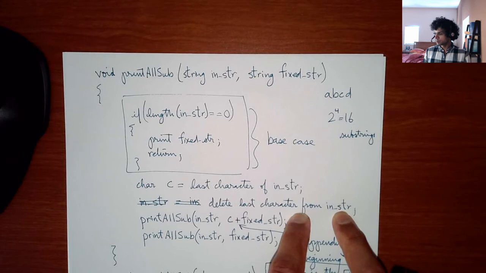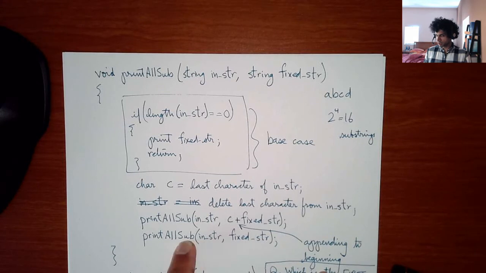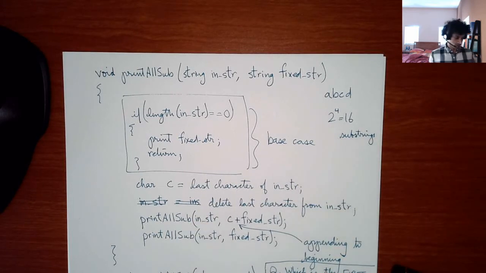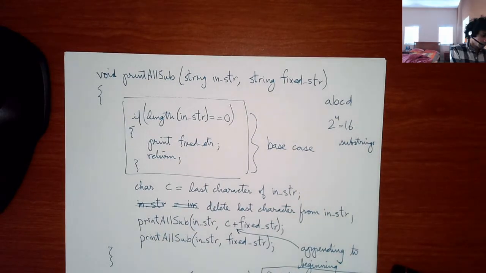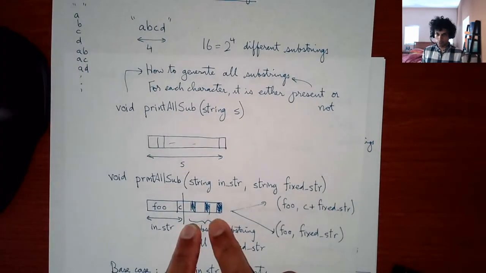The exact question, word for word, is: shouldn't the input string not get passed in, but instead an empty string, on the second call to print all sub? In this call, I'm assuming. Perhaps, yeah. No, the input string will not always stay the same. Okay, let's go back to the previous picture that I had. Remember this picture, right? So what did we say?